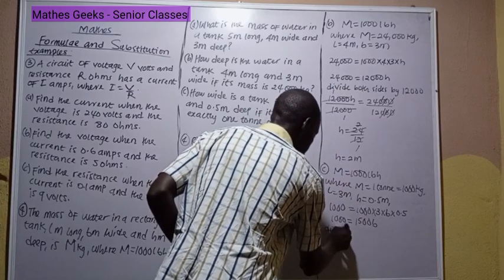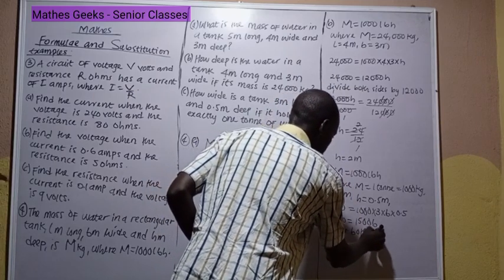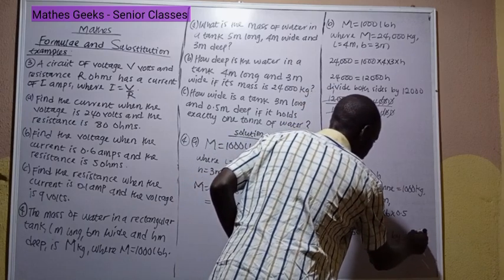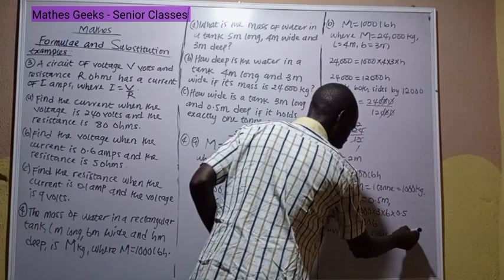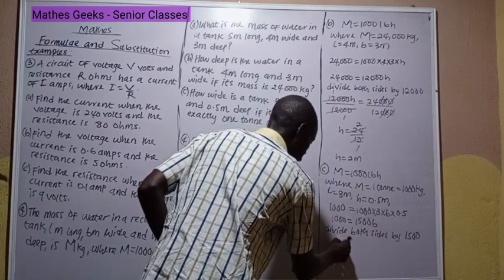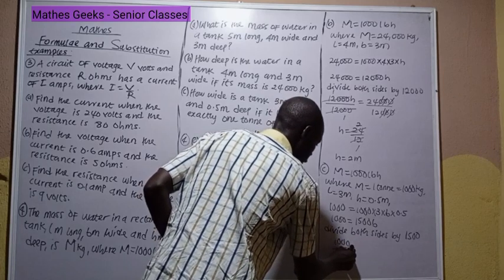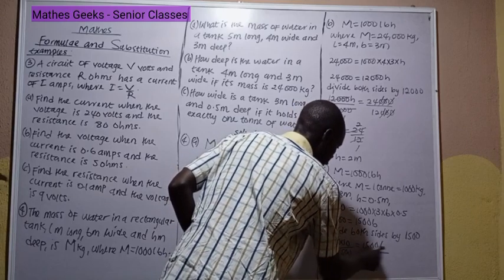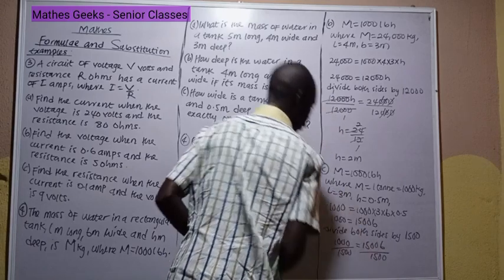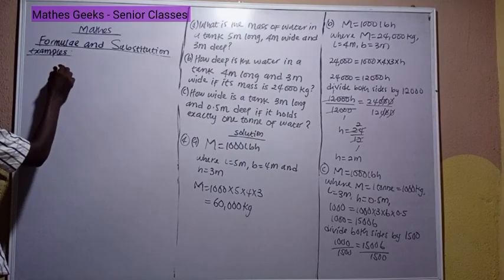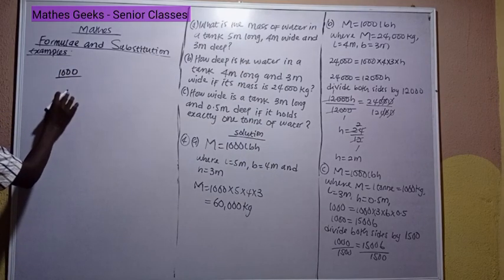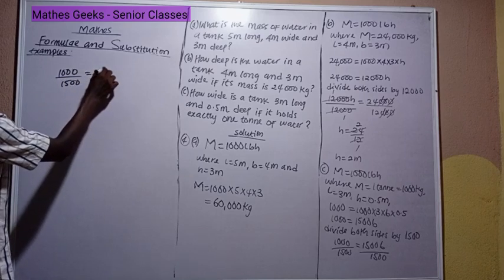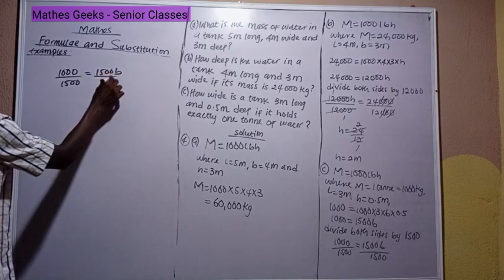Divide both sides by 1500. This will give us 1000 over 1500 equals 1500 B over 1500.